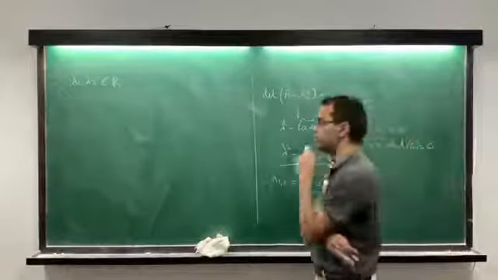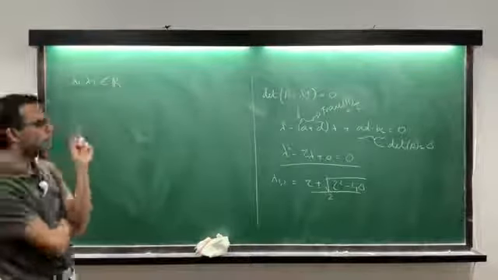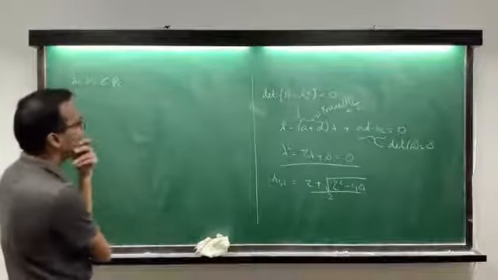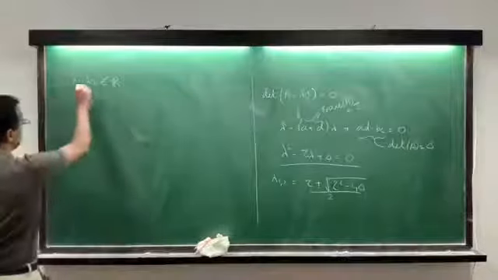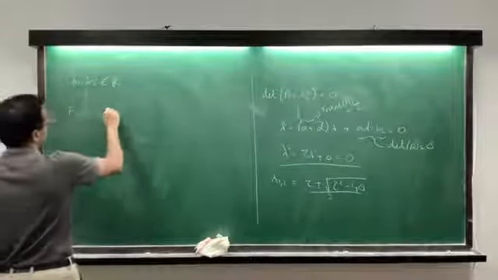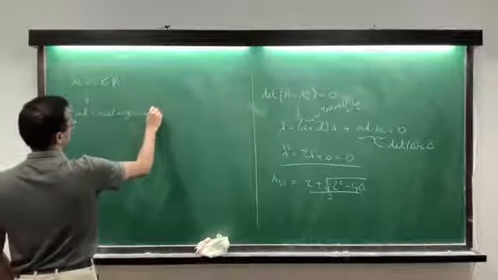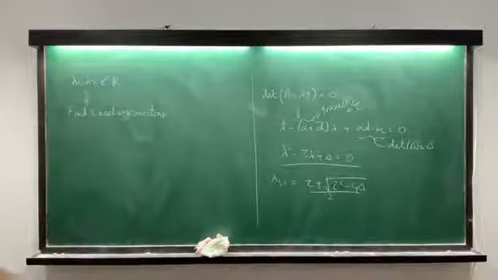So let's take the first case. If this happens, then what does that mean? That means that you can now find two real eigenvectors. Let's call them V1, V2.